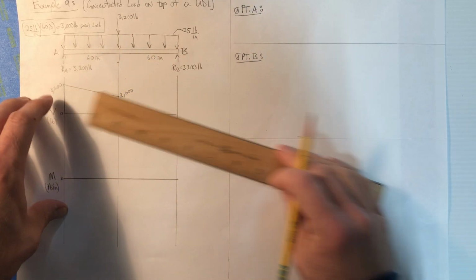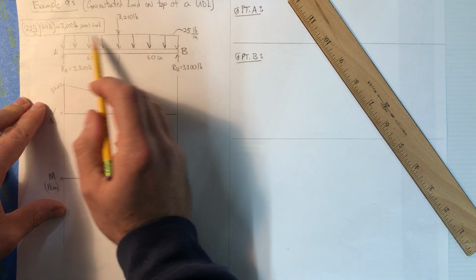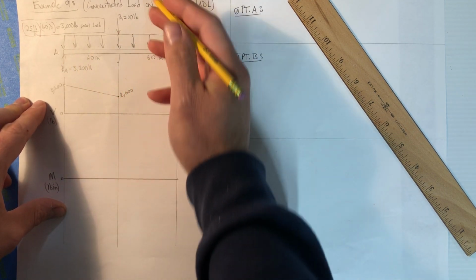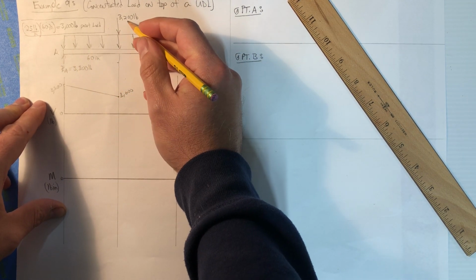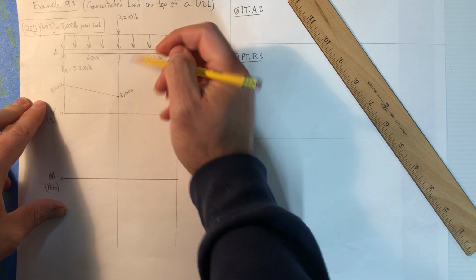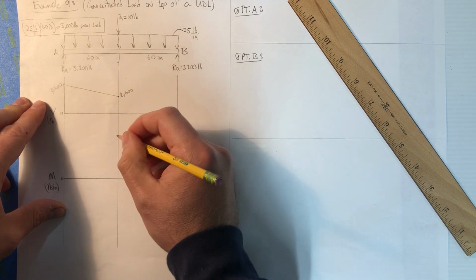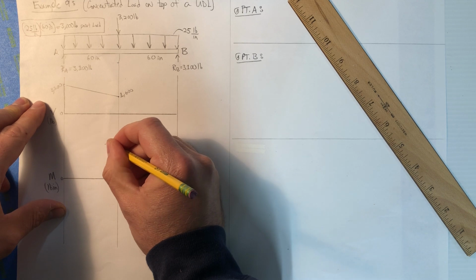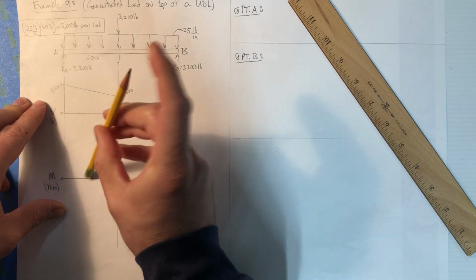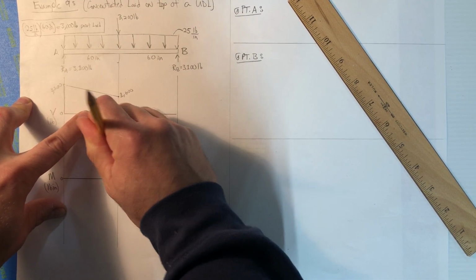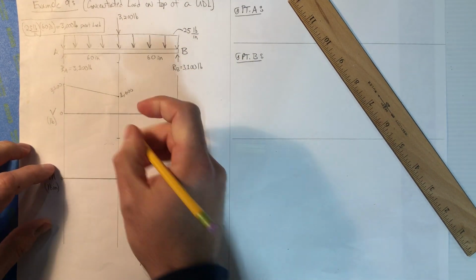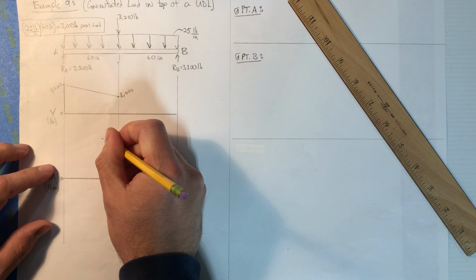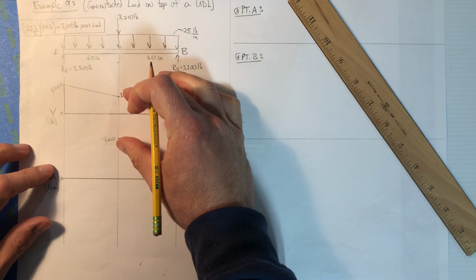Okay? Now, once you get along the UDL to here, all of a sudden you're going to shoot down another 3,200, right? So 1,600 minus 3,200 gives us what? A negative 1,600. Why do I keep drawing this wrong? Sorry. Negative 1,600. This total span is 3,200.